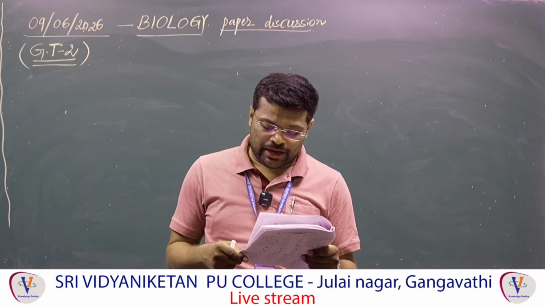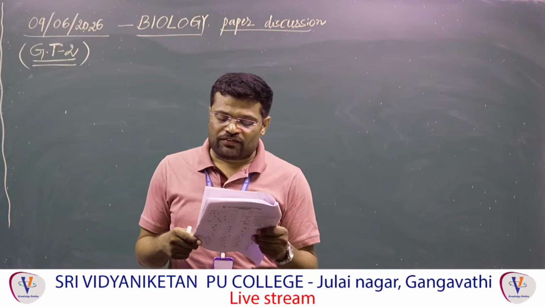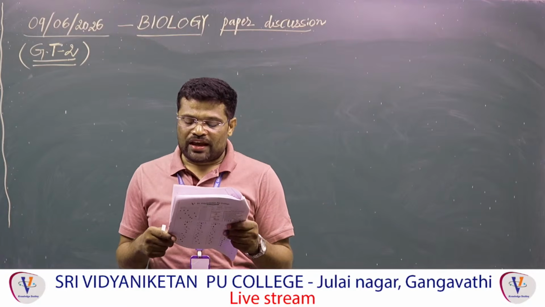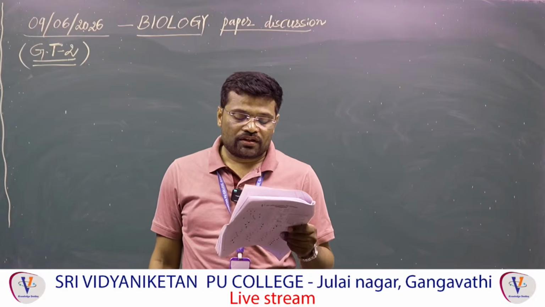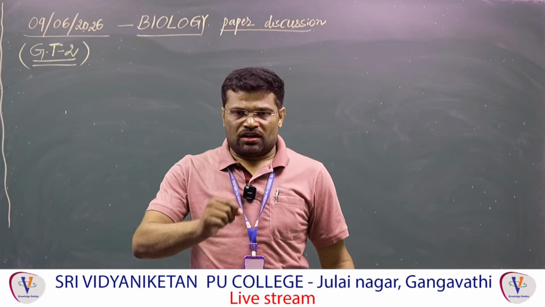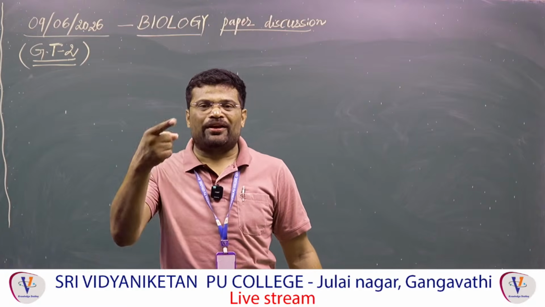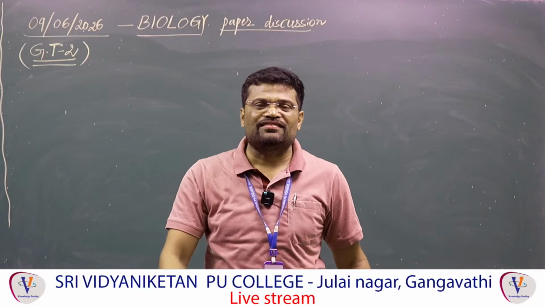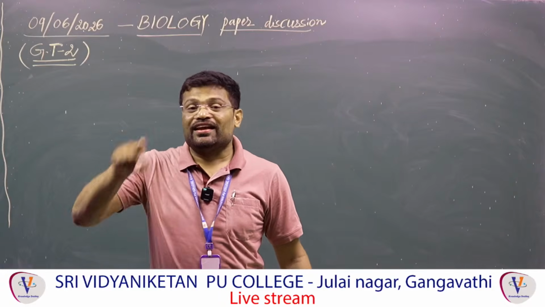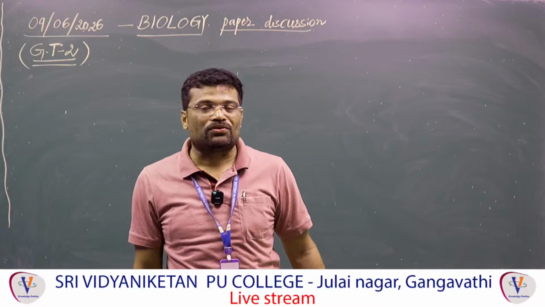140, statement A. Competition between species always results in extinction of one of the competing species. Absolutely correct. See, one organism dominates over another organism. So organism 1 is superior to organism 2. Initially, organism 2 will be excluded.